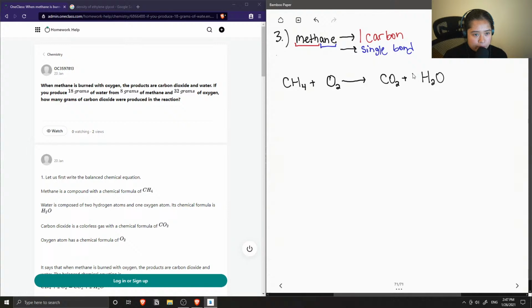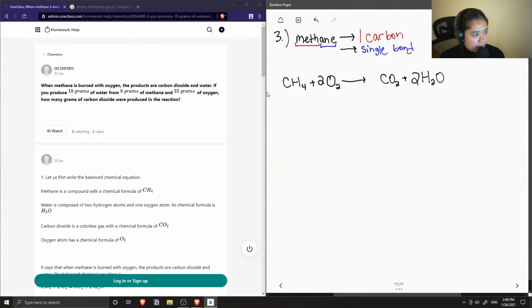So I'm just going to put a coefficient of 2 in front of my water. And now we have our hydrogens balanced and 4 oxygens on our product side and only 2 oxygens on our reactant side. So I'm also just going to put a 2 in front of our oxygen. So now we have our balanced equation.